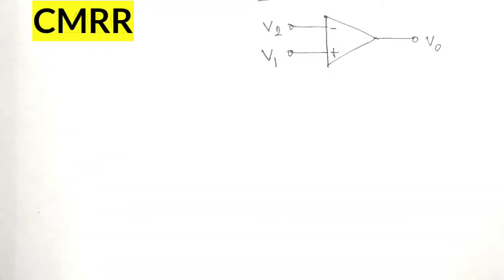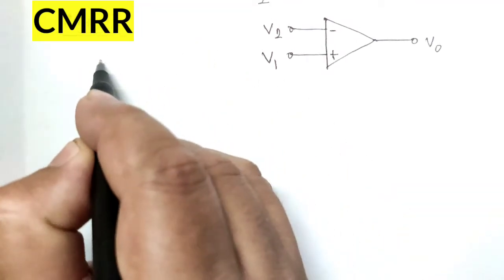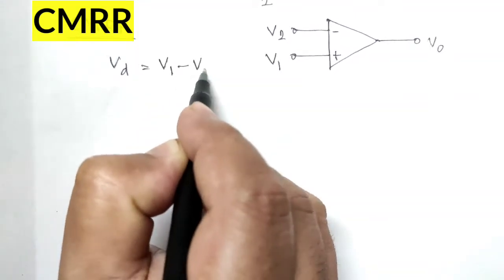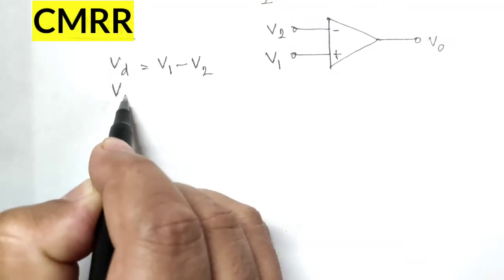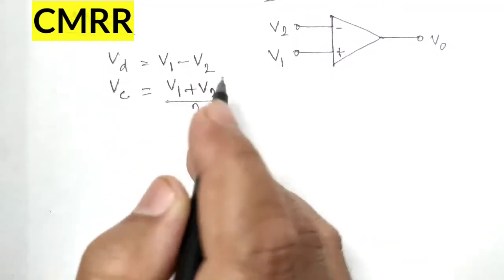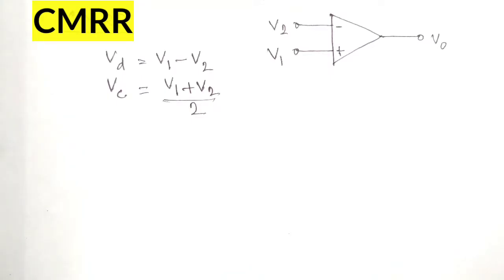The difference voltage Vd equals V1 minus V2, and the common mode voltage Vc is the average of V1 and V2, that is Vc equals V1 plus V2 by 2.